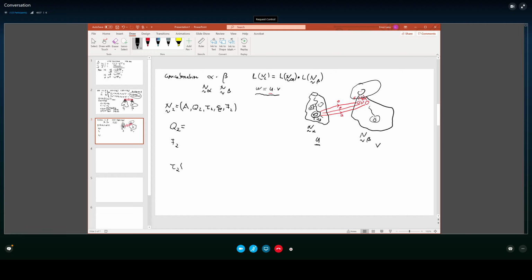That implies that we obviously want to be able to do whatever we can do before, so that would be tau sub alpha of Q and A. That's all the stuff that one can do from that Q in the first automaton.